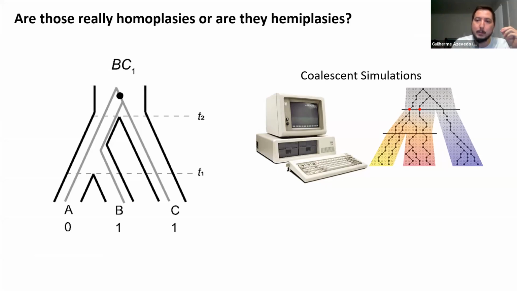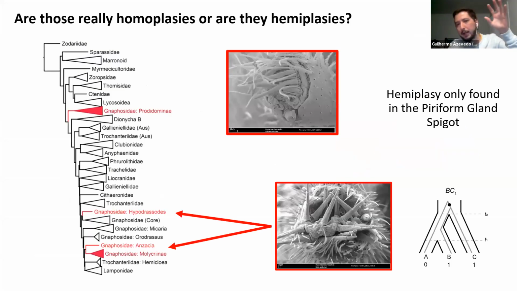We tested that using qualitative simulations, and we found that for all the characters, only the base of the spigot could be explained by hemiplasy. So we would have the trait arise only once, in the ancestor of this whole group, but then it was incompletely sorted through the other groups, other families inside this group here.